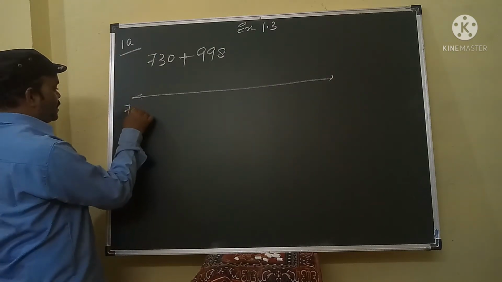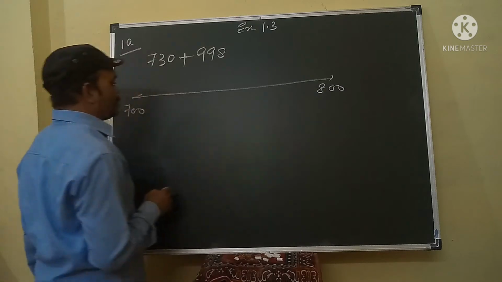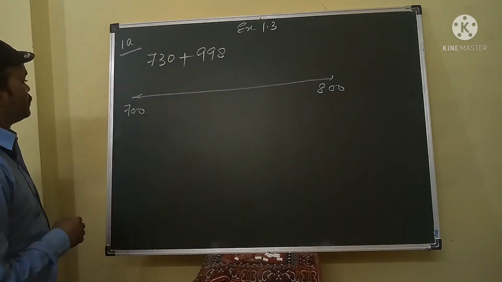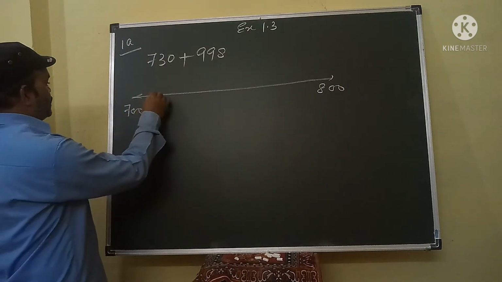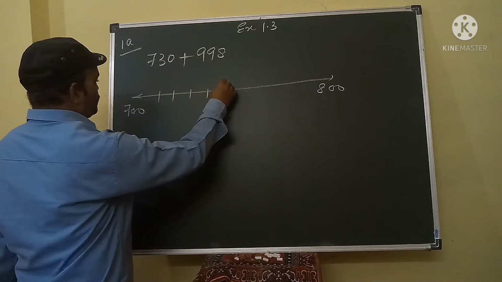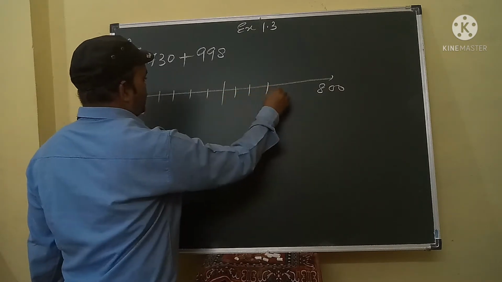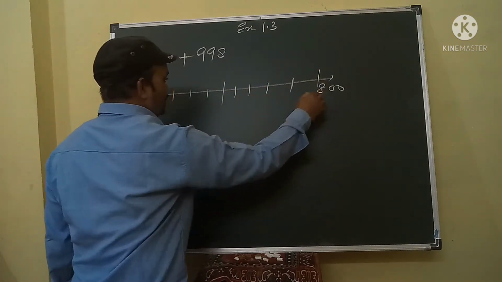So this is 700, 10, 20, 30, 40, 50, 60, 70, 80, 90, and this is 800.